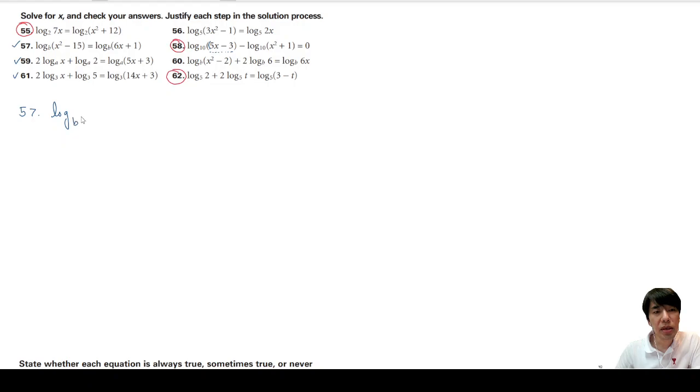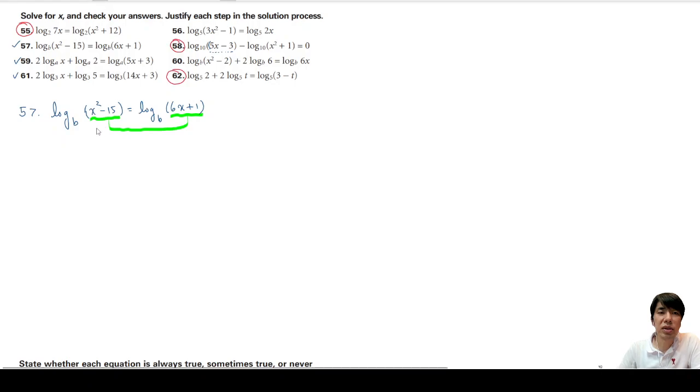Log base b of x squared minus 15 is equal to log base b of 6x plus 1. Okay, it basically says these two logs with the same base b are equal to each other. So what that means is that this part, x squared minus 15, and 6x plus 1 should be equal to each other, so that the left-hand side and right-hand side are equal.